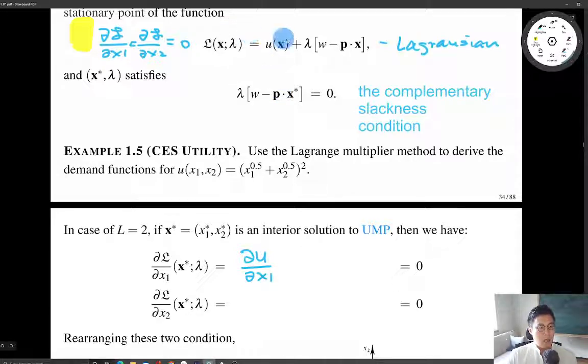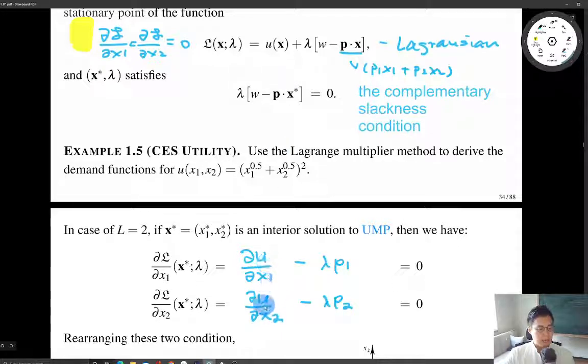Lambda w is a constant, so that goes away, and we are left with minus lambda times p1, because p dot x is p1 x1 plus p2 x2. We set it equal to 0. Now take the partial derivative of the Lagrangian with respect to x2: the utility function becomes this term, and minus lambda p2.